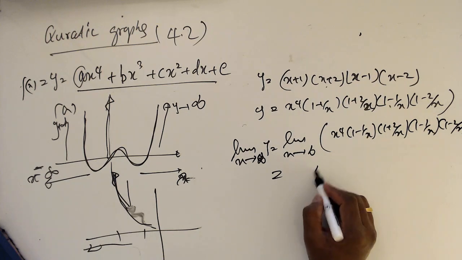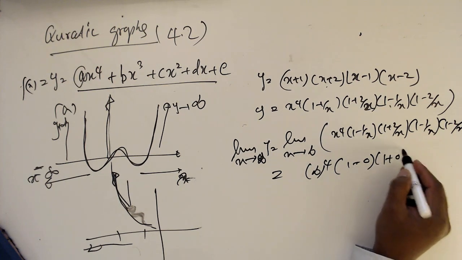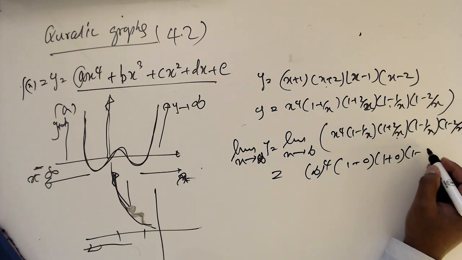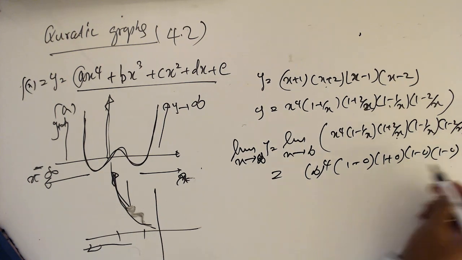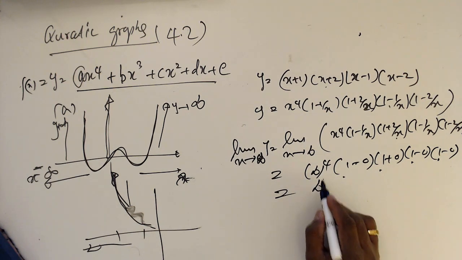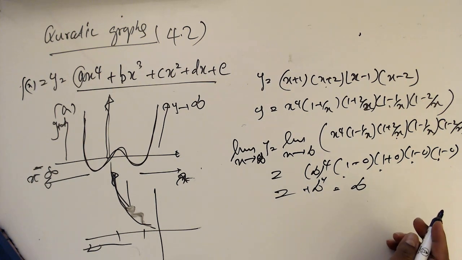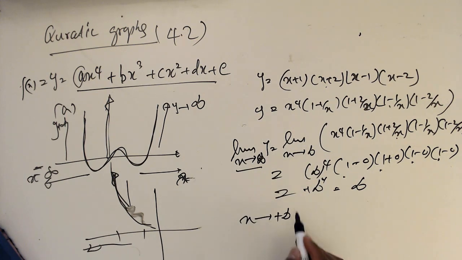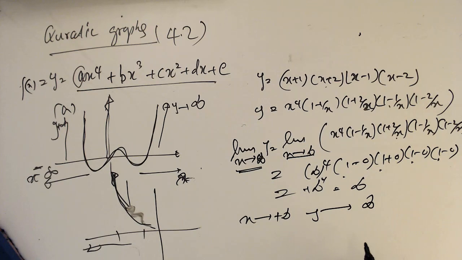When we apply the limit, this is infinity to the power 4, times 1 minus 0, 1 plus 0, 1, because 2 over infinity is 0, and 1 over infinity is 0. Then 1 times 1 times 1, and this is positive for power 4, which means it is still infinity. So when x goes to positive infinity, y goes to positive infinity.